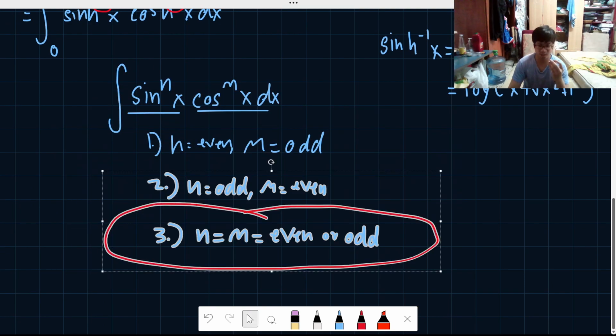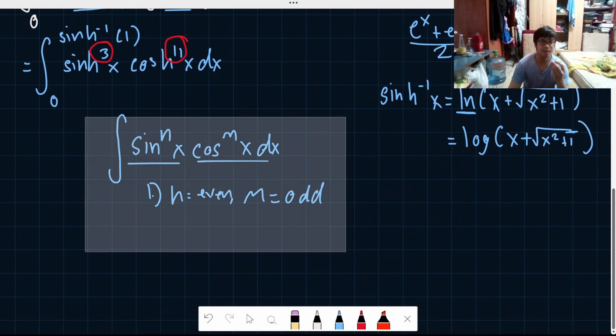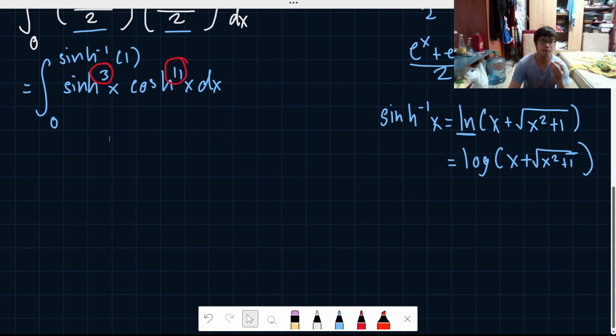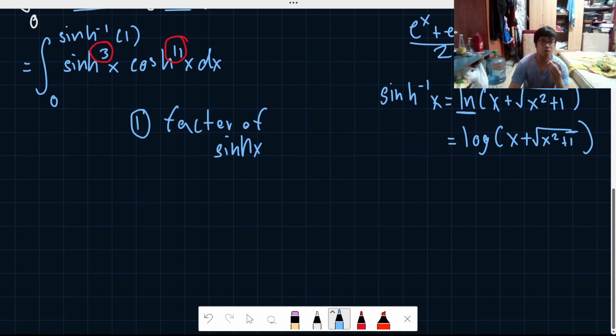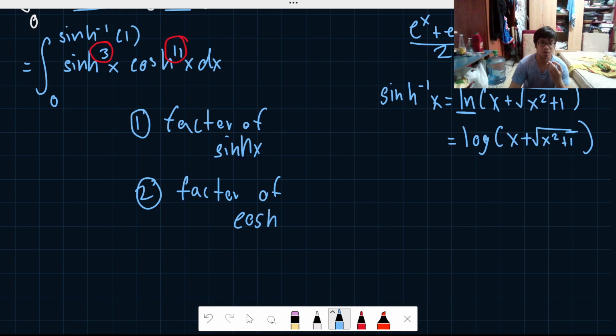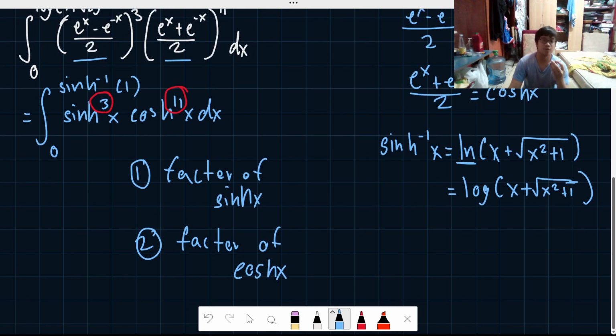Let me erase this one. If we use the third condition, then here's what we're going to do. Either, number one, we will get a factor of hyperbolic sine, or two, we will get a factor of hyperbolic cosine. Either of the two.